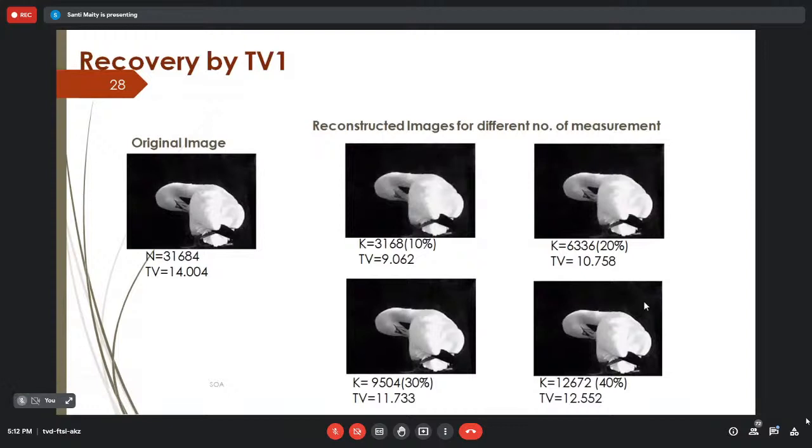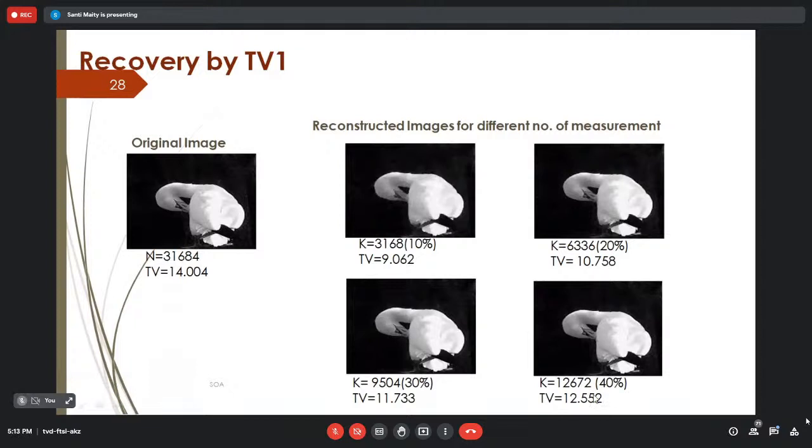Just to give you an idea, you have a signal which I represent as an n-point, one-dimensional representation, with roughly 31,068 pixels, 684 pixels. I only keep 10%. Imagine the value is like 3168. This is the quality, and this is 20%. This is 30%. This is 40%.